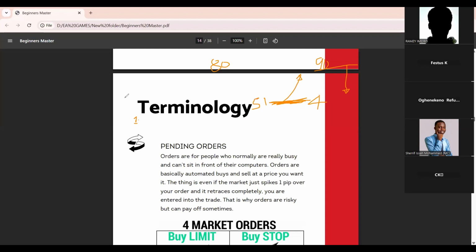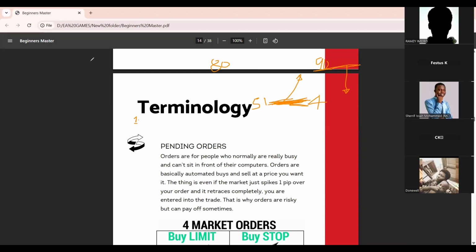So you have made a pending order to the waiter. The waiter has to send it to the one preparing it, and until that person receives it, your order is not being executed. Are you getting it? Then basically you telling them to buy for you at 51 is what we call the pending order, and you telling them to sell for you at 90 is what we call the pending order.